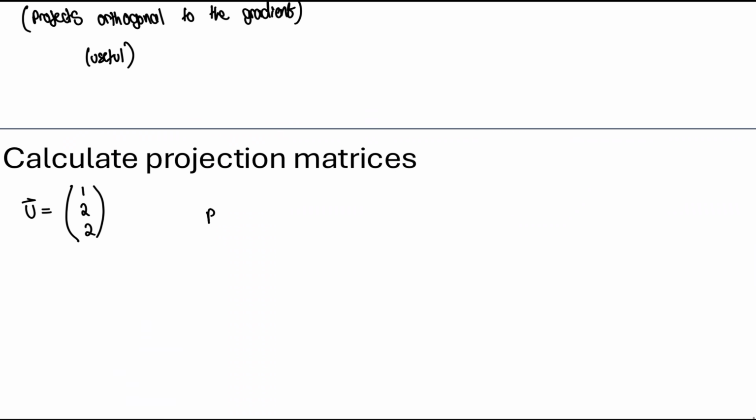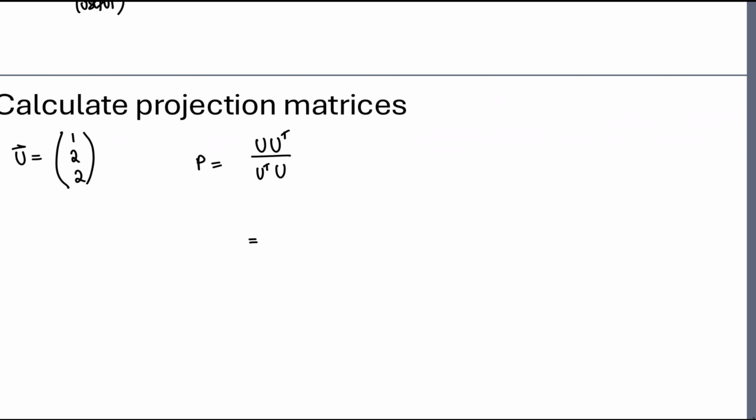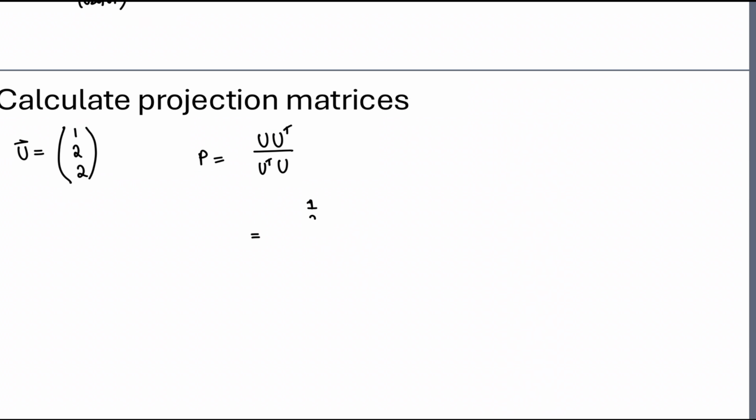So P is equal to u u^T over u^T u. And so we get (1, 2, 2) multiplied by (1, 2, 2) transposed, all over (1, 2, 2) transposed multiplied by (1, 2, 2).